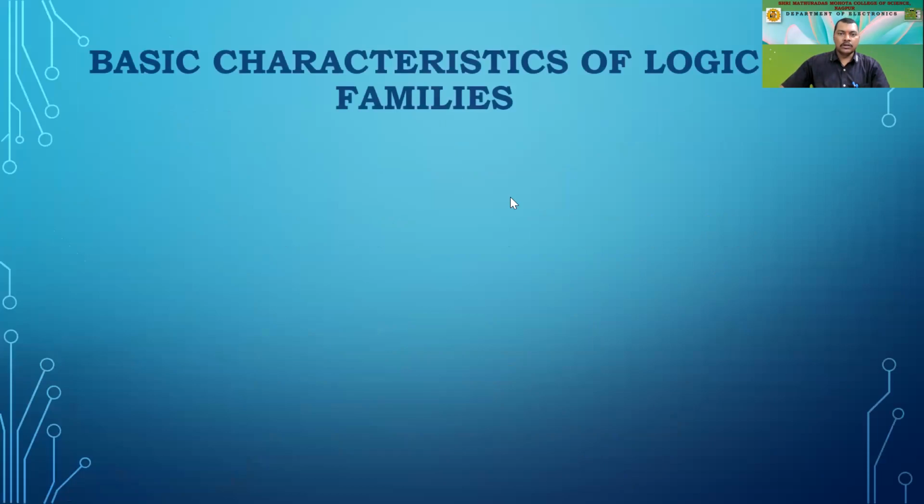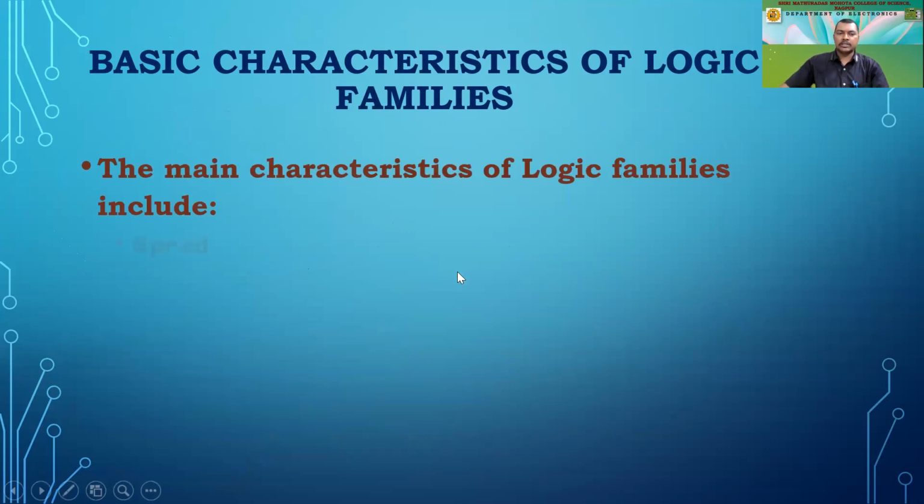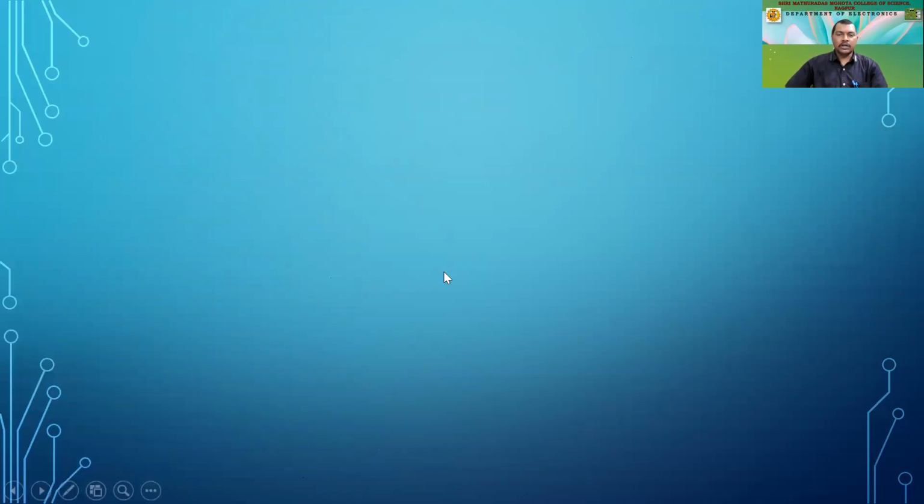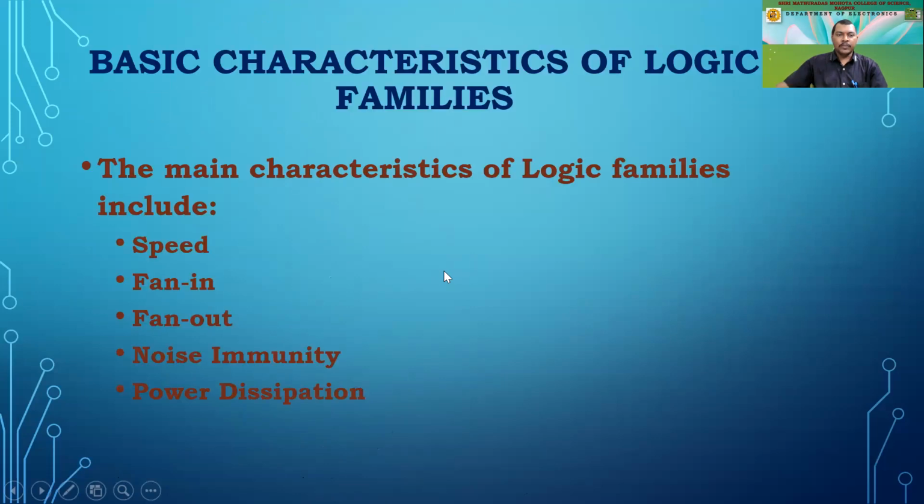So the basic characteristics of logic families include speed. We have studied this: fan in, fan out, then noise immunity, power dissipation. These are some of the characteristics which we require for a good IC as far as digital ICs are concerned.